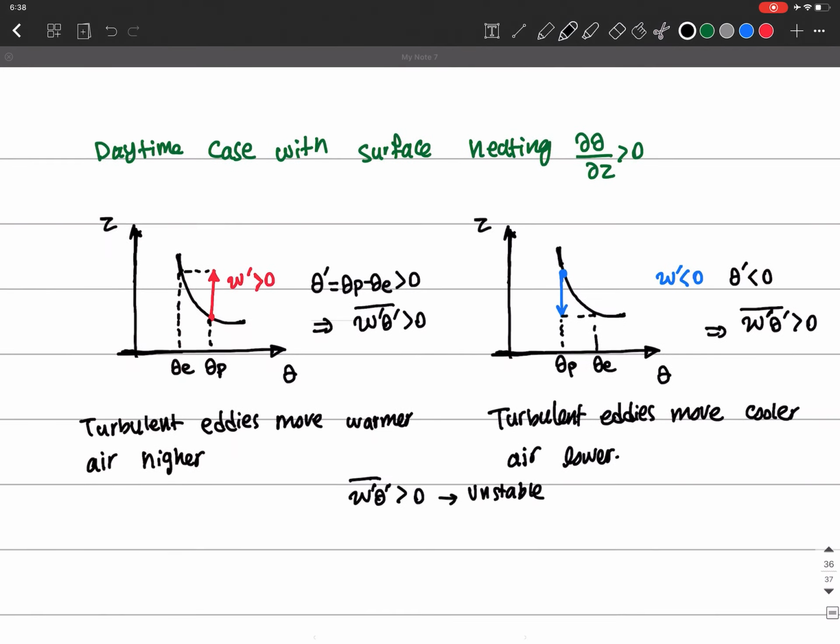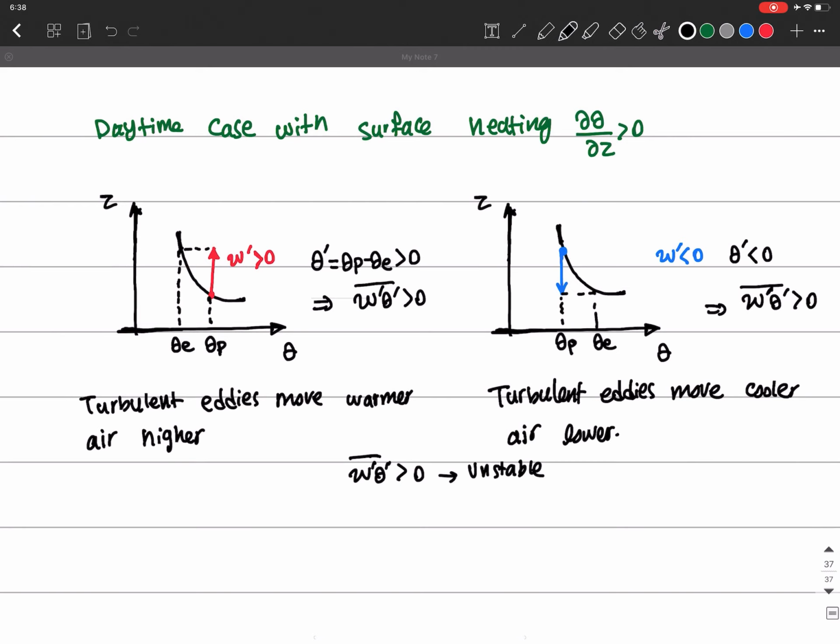And when you have these positive heat fluxes, it destabilizes the mean velocity flow. And that's why we call these stabilizing or destabilizing heat fluxes, or stable or unstable atmospheric boundary layers.